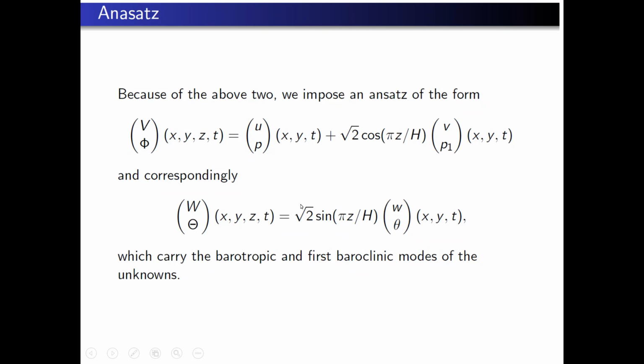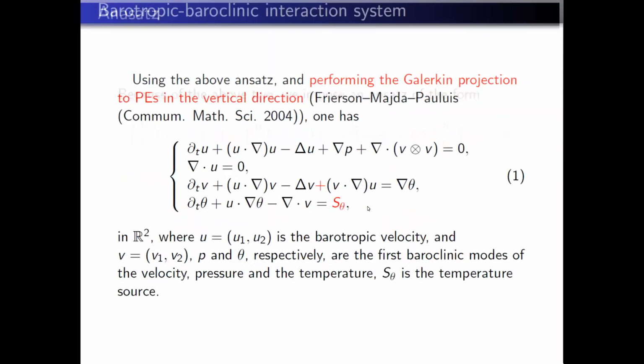So now the unknowns will be U and V, but both of them are functions of X and Y. It's not a function of three variables because I truncated and took the dependence on Z to be only cosine here and sine there. Now what happens here? So indeed, performing Galerkin projections and really severely projecting, Frierson, Majda, and Pauluis, in 2004, reached the following model.